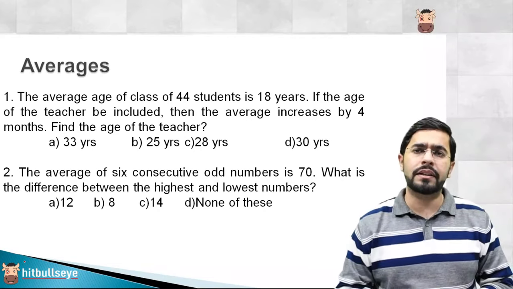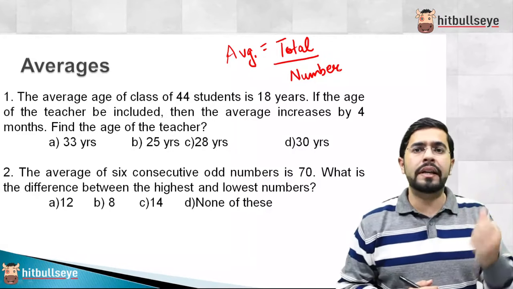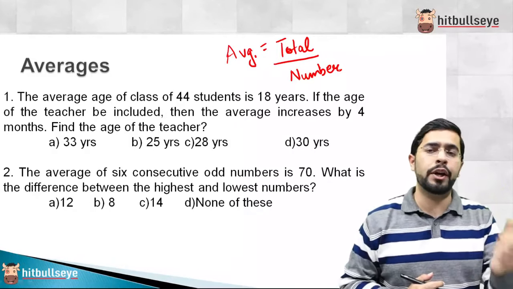Meaning if there are 50 students in the class and student 1 has the weight 20, student 2 has the weight 25, student 3 has the weight 22, and so on, you can add all the weights and divide by the total number of students, that is 50. That comes under the heading of averages.